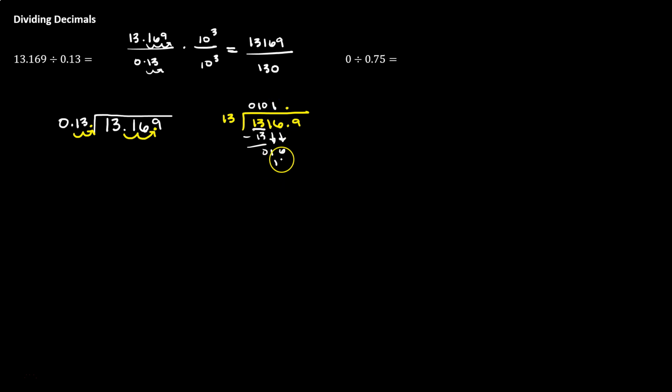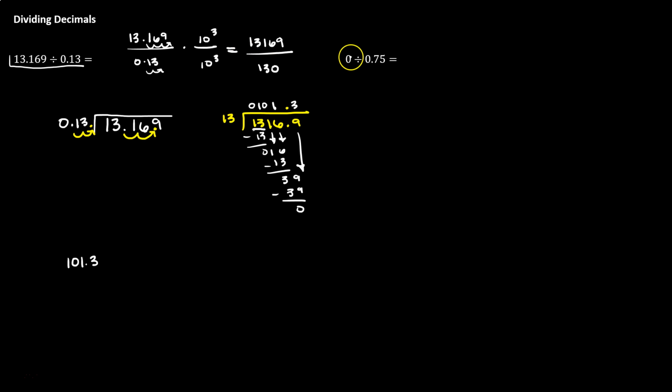It goes in once, subtract off our 13, we have 3 left over, bring down our 9. 13 goes into 39 3 times, and no remainder. So that decimal division gave us the answer of 101.3. And if you typed the decimals and the division symbol into your calculator, that should be the exact same answer you get.